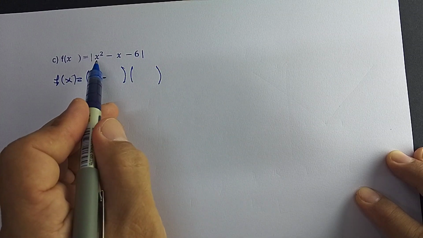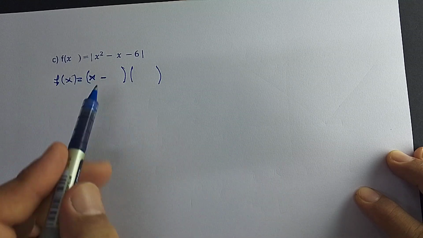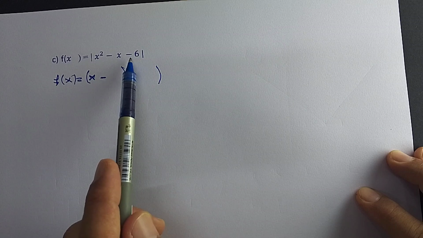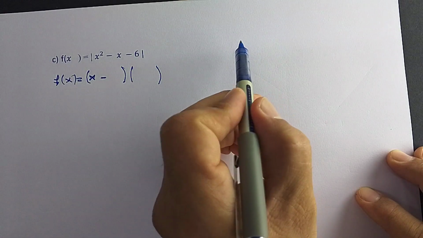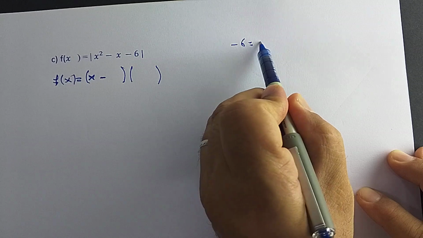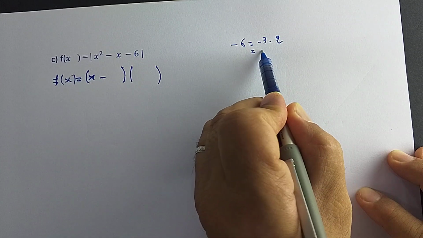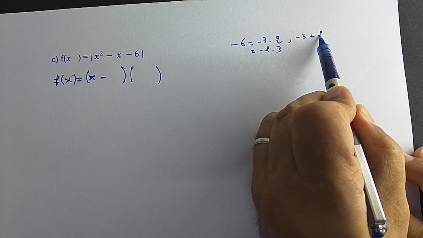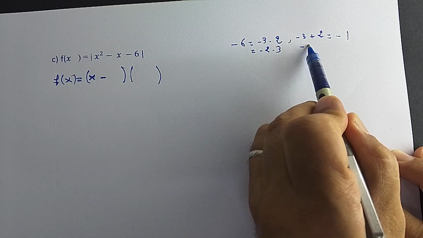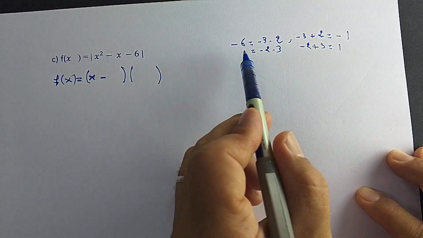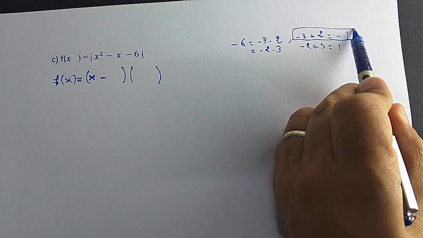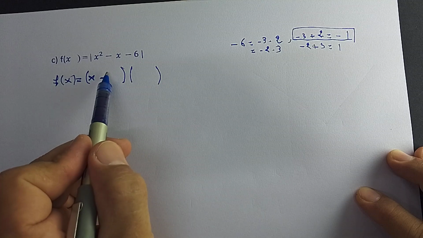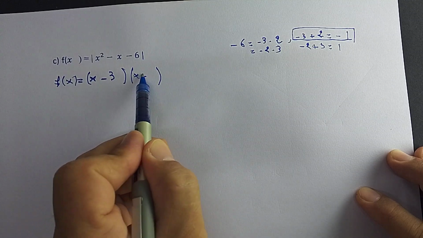When the expression equals 0, I find two numbers whose product is minus 6, which is minus 3 times 2 or minus 2 times 3. Adding minus 3 plus 2 equals minus 1, and minus 2 plus 3 equals 1. So what is the right option? This one, because in front of x it is minus. So here I put x minus 3 and x plus 2.